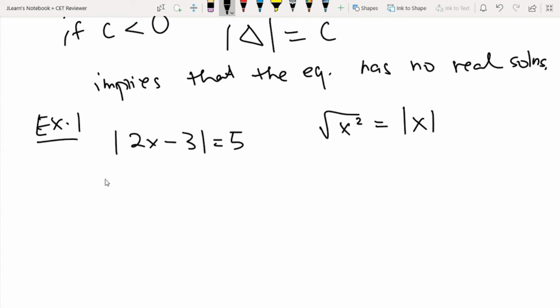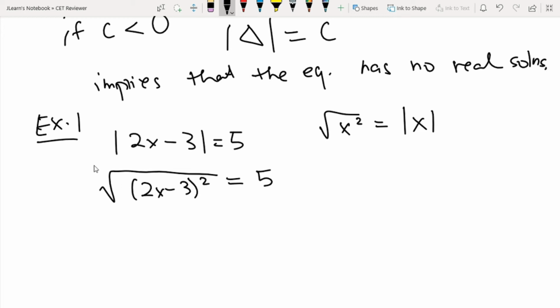Diba? So, ngayon, pwede ko sabihin dito na itong absolute value of 2x minus 3 ay equal sa square root ng 2x minus 3 squared. Equal siya ngayon sa 5. Okay? So, bumabalik na ngayon siya dun sa pag-solve ng radical equation, no? So, ano ba ginawa natin dito before? Square natin both sides.